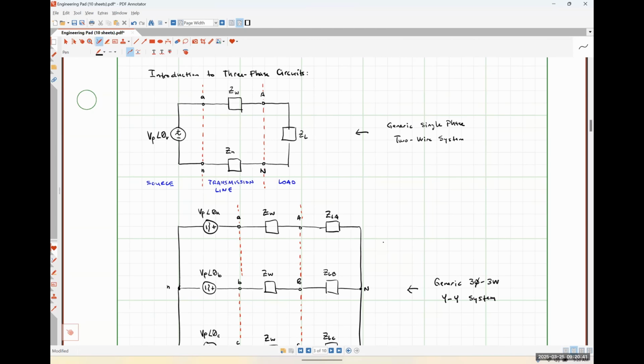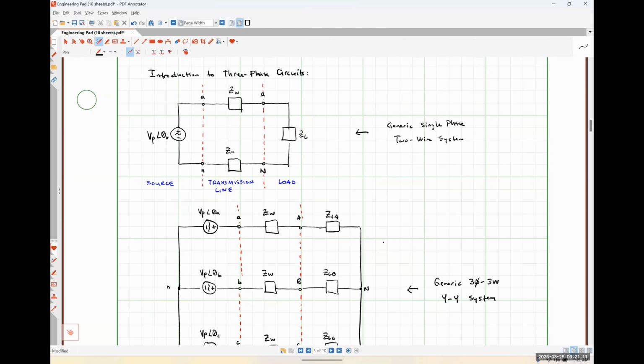So we have more power in our three-phase system because there are three loads absorbing the same amount of power. Okay, so that's reasonable. That's not necessarily the reason why we would send it in three-phase. That's just a consequence of us using three-phase. If we've got these three different loads and they're all identical to our single-phase load, because there are three of them, we will be sending three times as much power.